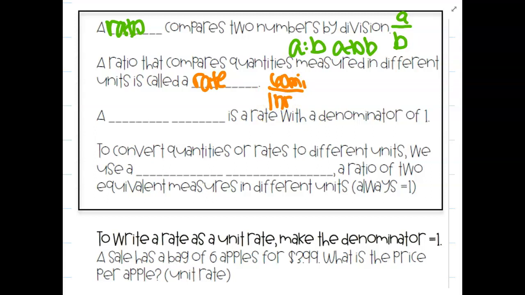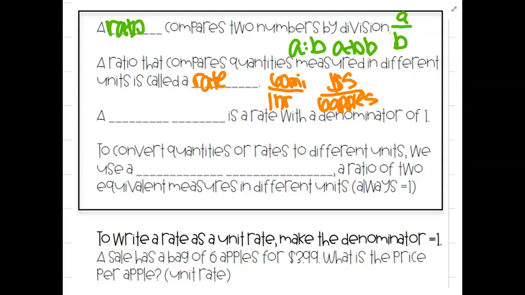Or $5 for 6 apples. Comparing two quantities, right? 60 and 1, but they're in different units. Miles, hour, dollars, apples. Okay?